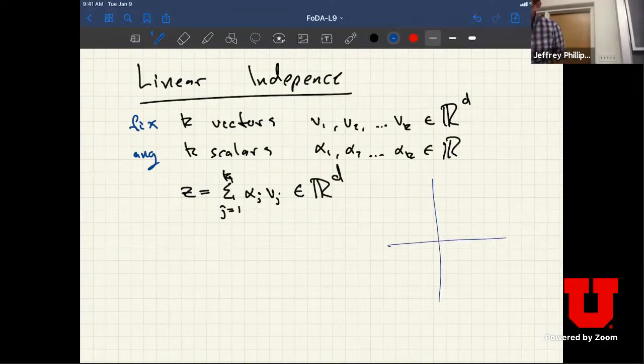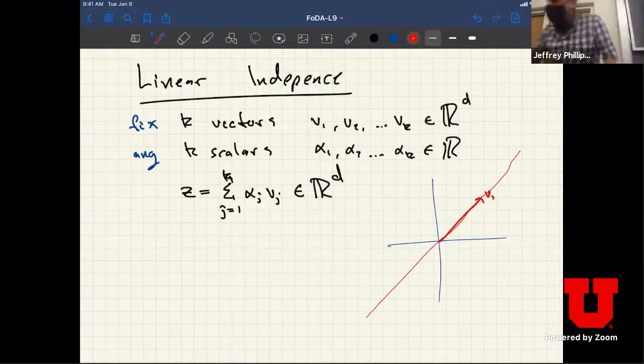If I have a single vector v1, then the set of all of the vectors I can get by scaling it are all the values along this line here, right? I can make it larger. I can make it smaller. I can negate it and go backwards across the origin.